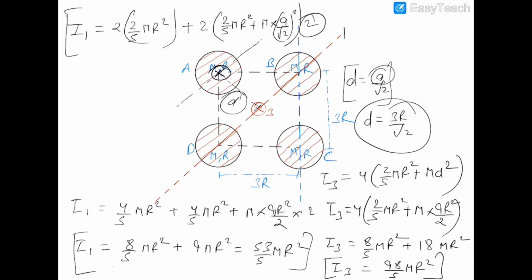The moment of inertia about this axis 2 would be twice of 2 by 5 mr square. So this is the moment of inertia for spheres B and C, because this axis is passing through spheres B and C, and this axis is also containing their centers. So the moment of inertia of these spheres about this axis would be 2 by 5 mr square.